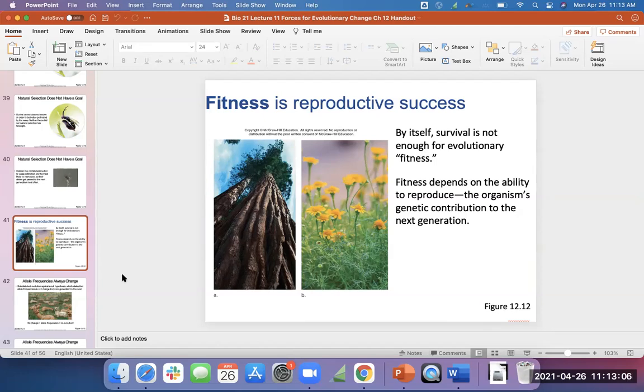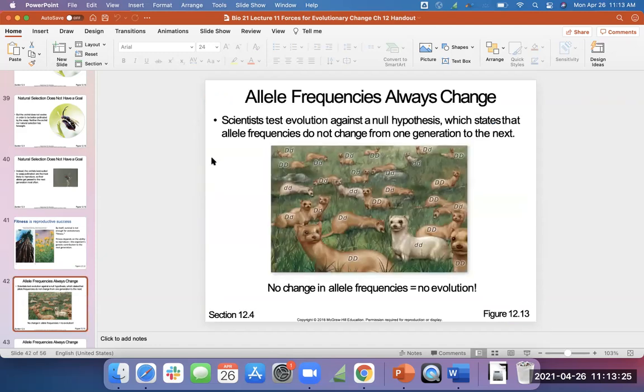Do you remember how we compare if there is a change happening in alleles? If there's no change, we have a term for it. Hardy-Weinberg equilibrium. That means it's at equilibrium, nothing is changing. Allele frequencies always change, and if there's no change in allele frequencies, that means there's no evolution.